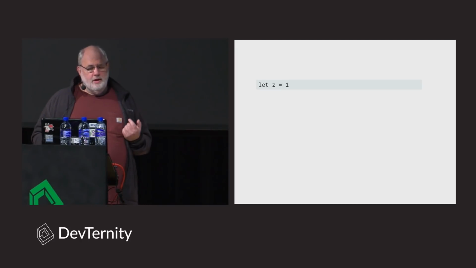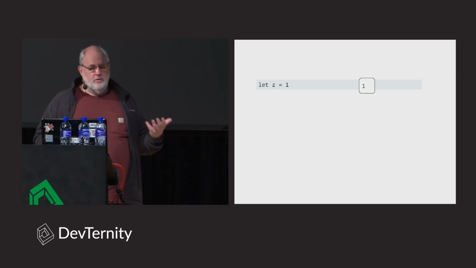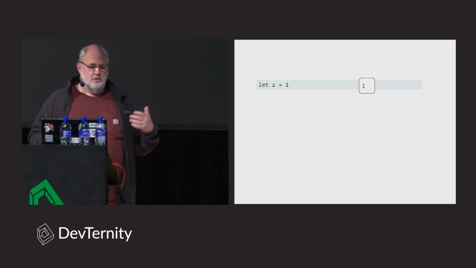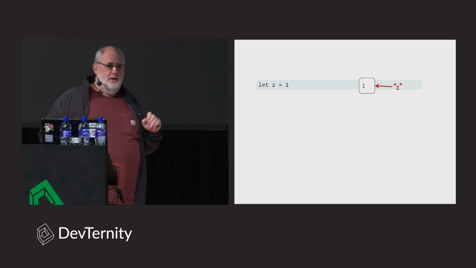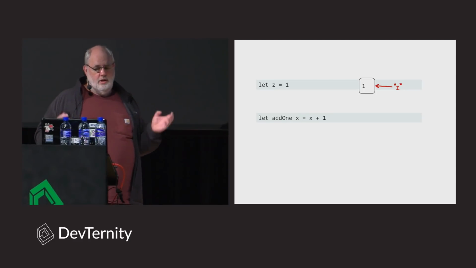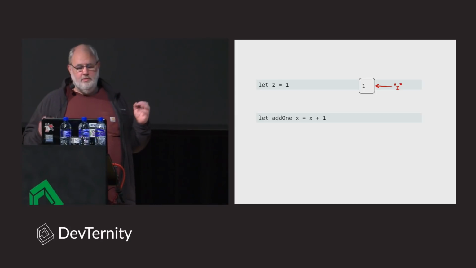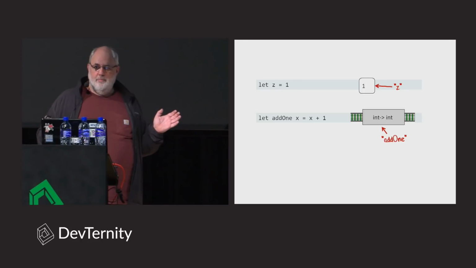What's interesting is that in most programming languages, when you give a name to a number, like z equals 1, that means there's a little box and there's a number in it, and you've given it a little label. Now, in a functional programming language, when you define a function, like add 1 equals x plus 1, you define a little piece of railway track, and you give it a name.